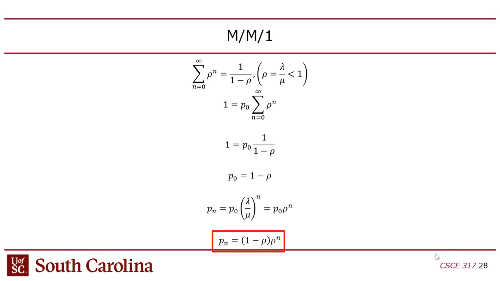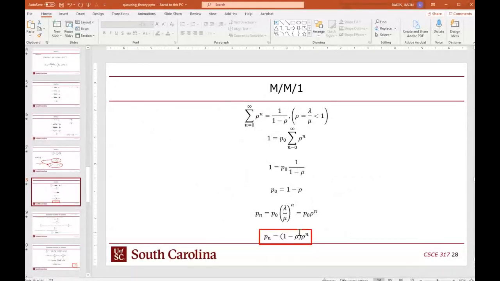But yes, p sub 0 is 1 minus rho, and p sub n is (1 minus rho) times rho to the nth power. That's a pretty nice result. This obviously gets more complicated for different types of queuing systems, but in this case it reduces down to a fairly simple equation. And I tried to put boxes around all of the final results.